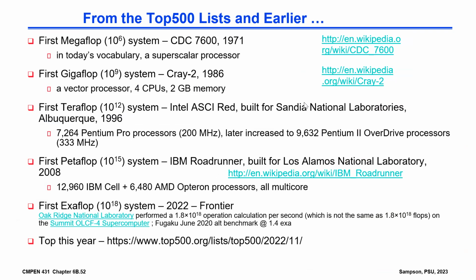You can get an exa-op, not flop, per second calculation from Oak Ridge a little bit earlier, in March 2020. There's a Japanese computer that hit exaflop levels, not on LinPack, also in 2020, but we finally hit exaflops in 2022.